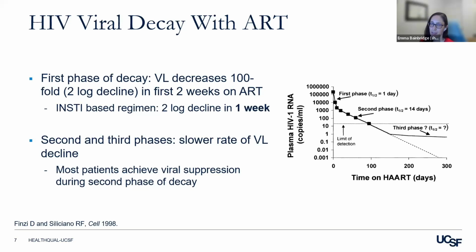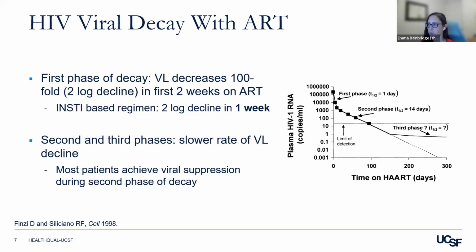And what's happening here is all of those T cells that are infected and rapidly turn over and release new HIV virions into the bloodstream, those are the ones that are being targeted by your ART. And so by removing those cells, the HIV viral load is going to rapidly decline. In the second and third phases, though, the rate of decline is much slower, and it's because the ART at that point is targeting the infected cells that tend to have a longer half-life.